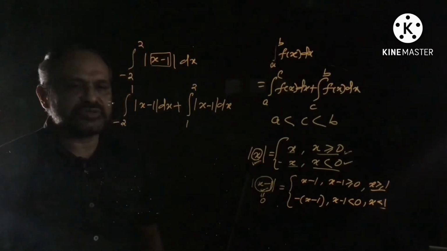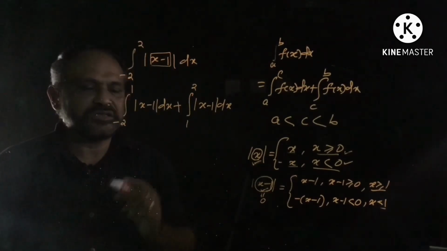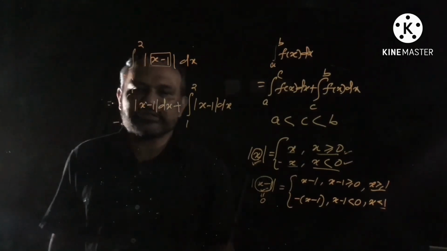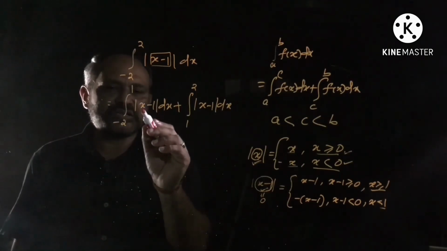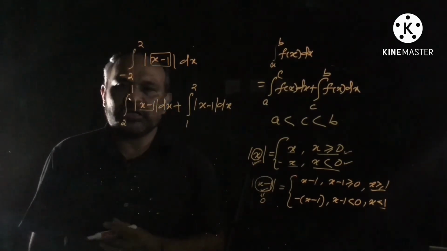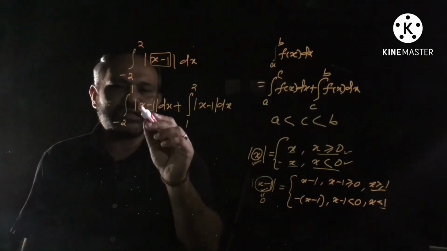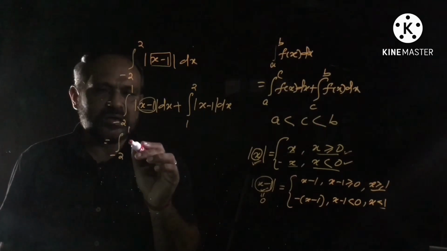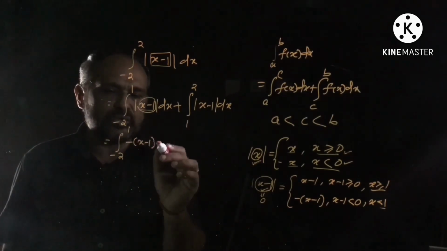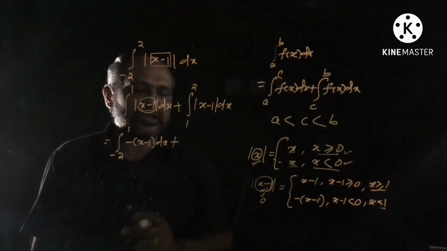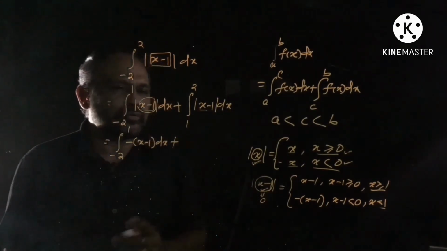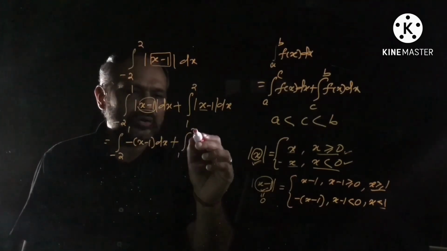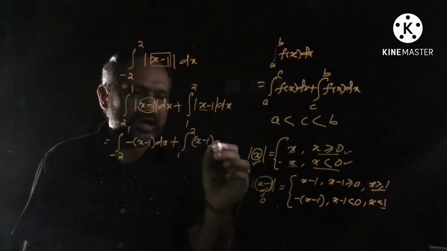Now we have to check whether x minus 1 is positive or negative in the interval minus 2 to 1. To check the sign, put x equal to minus 1 here. If x is equal to minus 1, then this value is negative. We can write this as integral from minus 2 to 1 of minus of x minus 1 dx plus, if we take x equal to 2, 2 minus 1 is 1 which is positive, so we can write integral from 1 to 2 of x minus 1 dx.